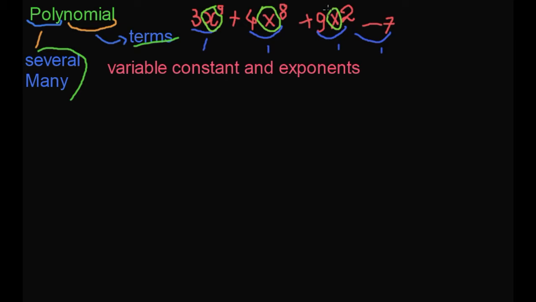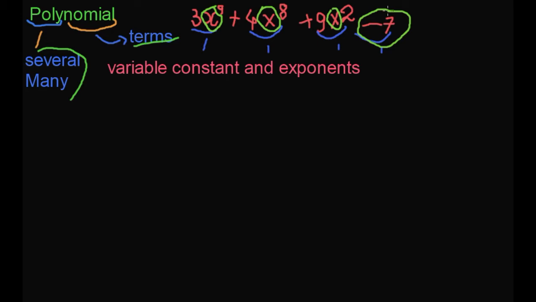Why is this a variable? Because it can change as per the situation or as per the question. It can be anything, whatever the value, 2, 3, 4, 5, anything. So it can change. But this minus 7 can't be changed.